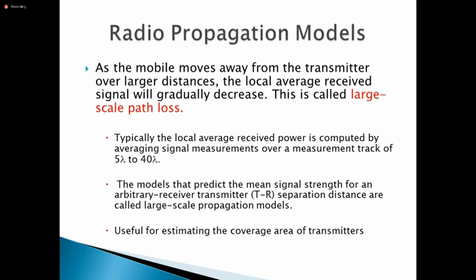Now small scale fading, I was talking about the receiver changing location a smaller distance. small scale fading එක ගැන කතා කරද්දී මම කිව්වා receiver එක චූටි වෙන එක. But here, large scale path loss. In large scale path loss, the transmitter receiver distance එක ගැන තමයි කතා කරන්නේ.